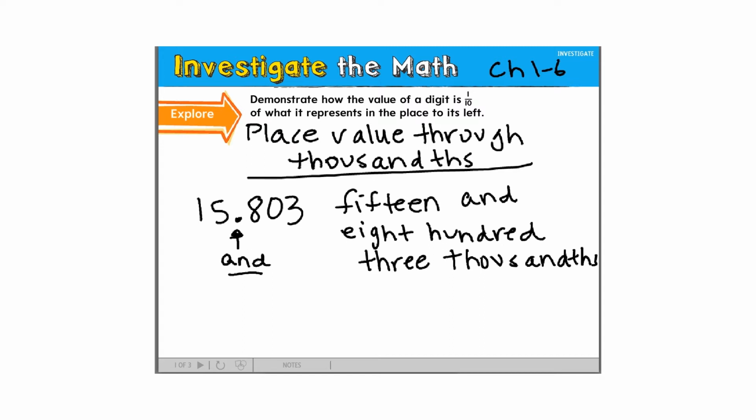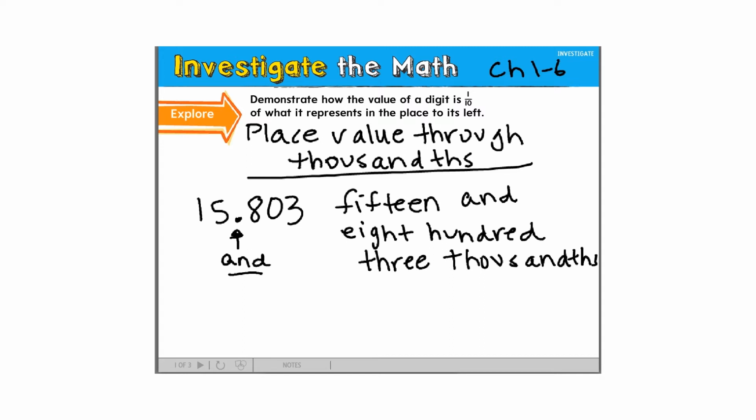Now, when you're reading that number, sometimes people would say 803 with an and in the middle. Do you hear the difference? 803 and just 803. If you put the word and in there, doesn't that make it a little bit confusing now that we're using the word and when we have a decimal point? So if you say 15 and 803 thousandths, you have and twice.